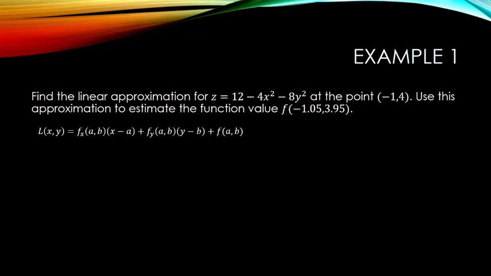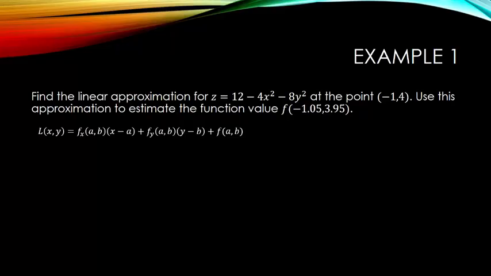So my linear approximation, L of x,y, will be given by the partial derivative of f with respect to x evaluated at (a,b) times the quantity x minus a, plus the partial of f with respect to y at (a,b) times the quantity y minus b, plus my function f evaluated at (a,b).